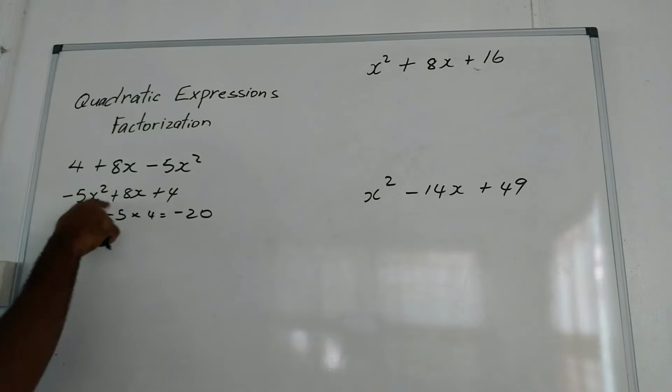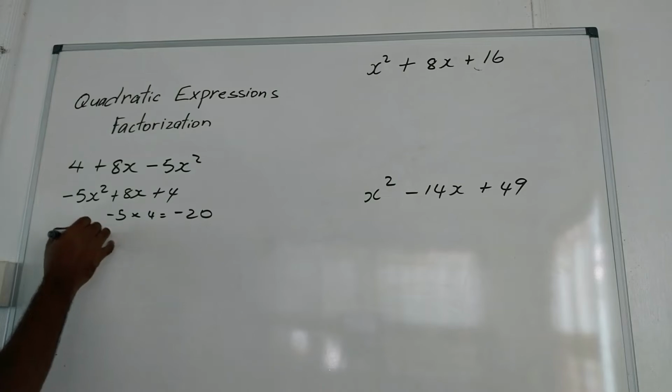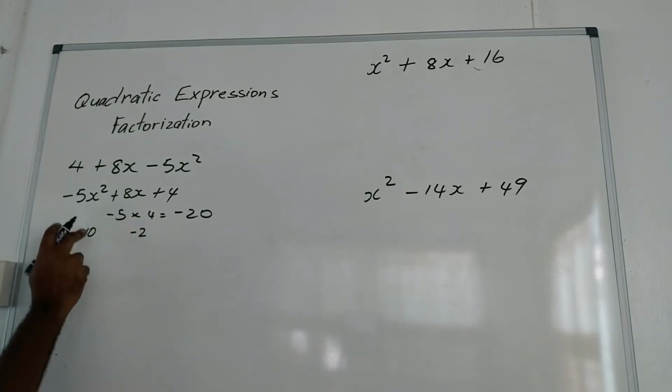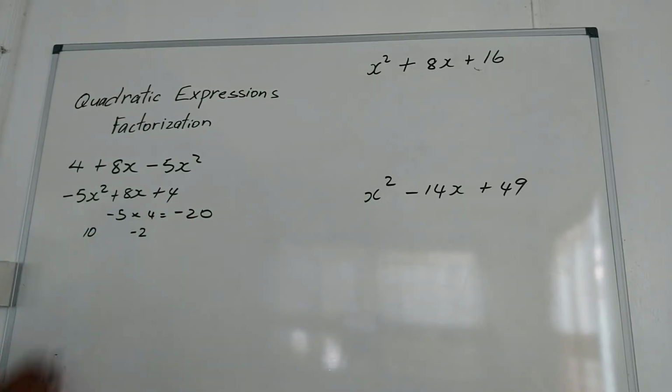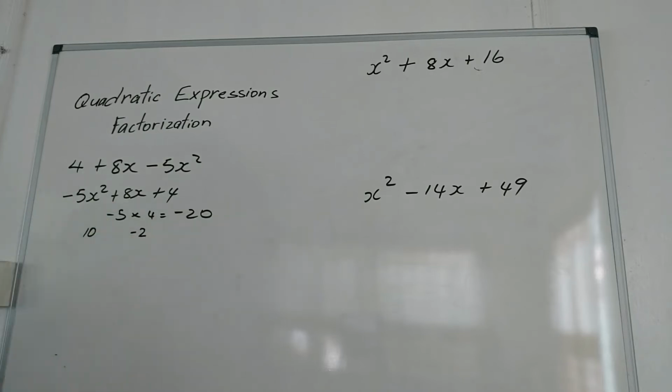And if b is positive, the larger number must be positive. So our two numbers will be 10 and negative 2. Negative 2 times 10 gives us negative 20, and 10 plus negative 2 gives us positive 8.